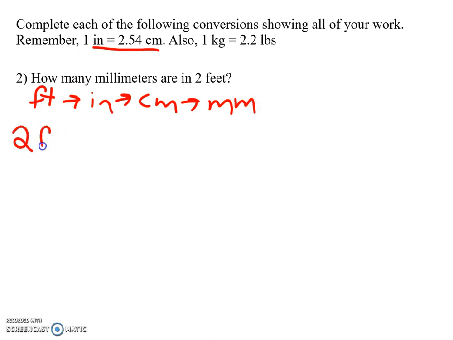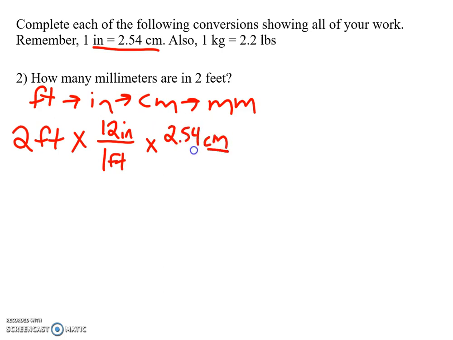So I know I have 2 feet, and then I know that there are 12 inches in 1 foot, and then I know from the conversion over here that there's 2.5400 centimeters for 1 inch. And I can see there my feet cancel, here my inches cancel.